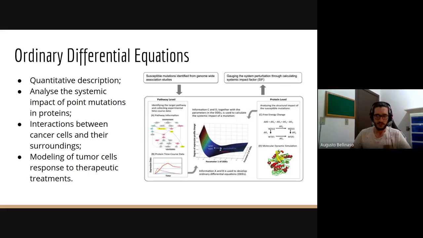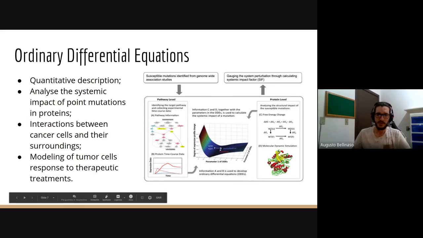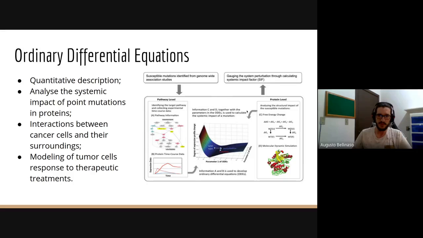And one of the applications is that you can combine some pathway information with the structure of the proteins to have information about the effects of mutations in proteins. So combining the ordinary differential equations for the pathway with the structure of specific proteins, you can analyze the effects of the mutations in this protein.